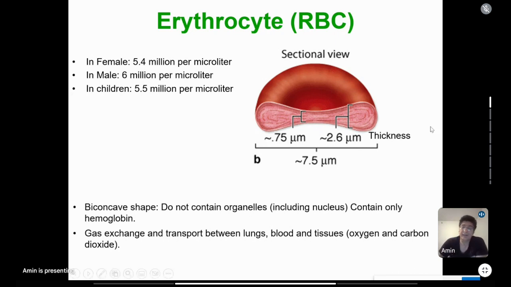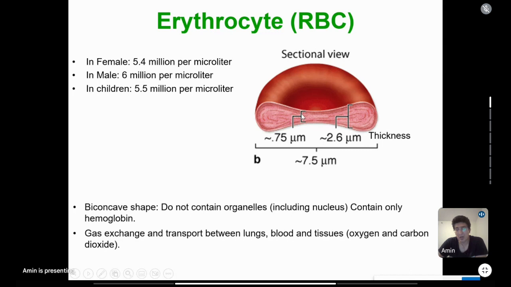You can see here the shape of the red blood cell or erythrocyte. The thickness of the red blood cell at the lateral sides, this side and this side, is about 2.6 micrometers.